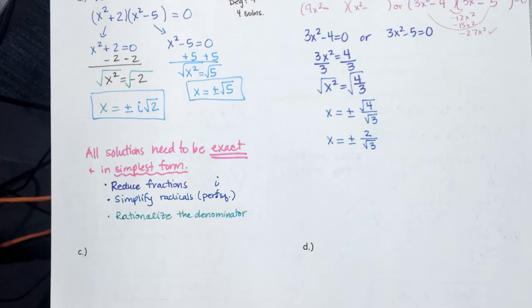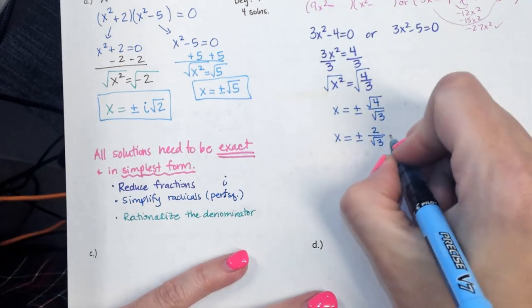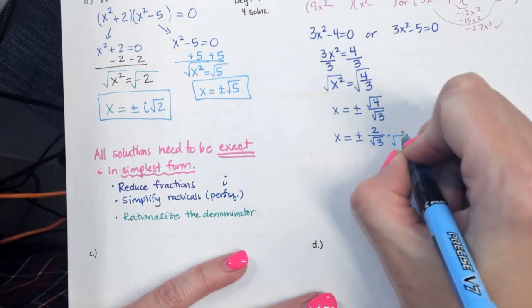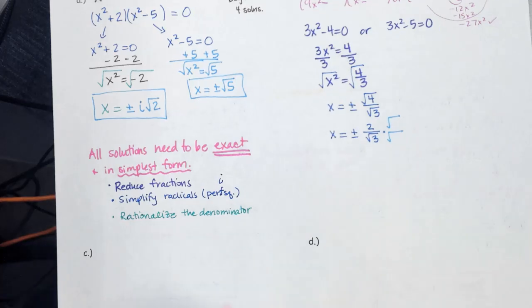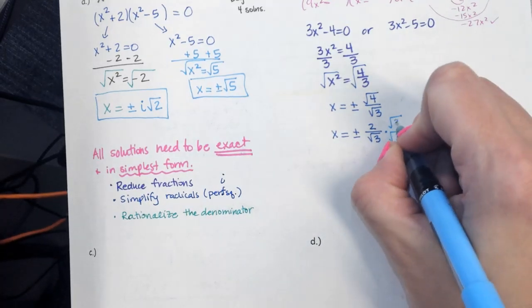So what you want to do is multiply by something that's going to make this a whole number, right? So in order to do that with a square root, all you have to do is get to a perfect square. The way to do that is to multiply this by what? 3 itself. Because what's root 3 times root 3? Root 9, which is 3.